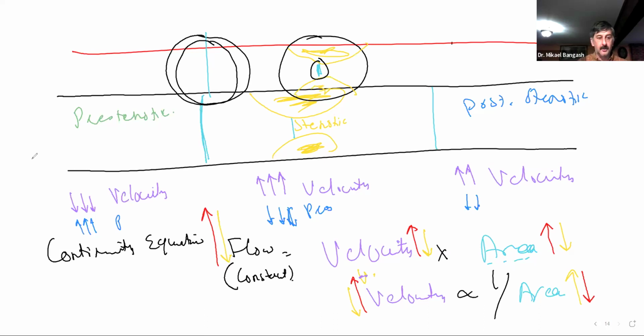So at the stenosis, we have the smallest area of the passage, which means that's where the velocity will be at its greatest.